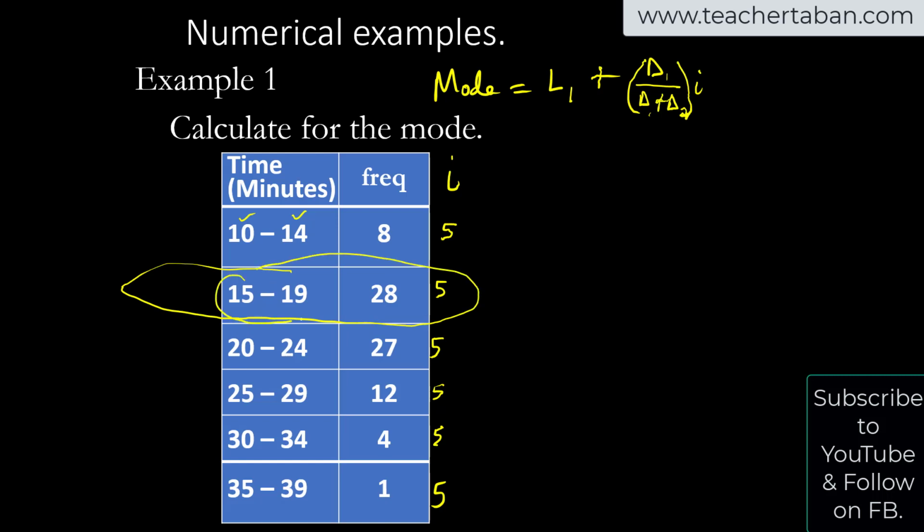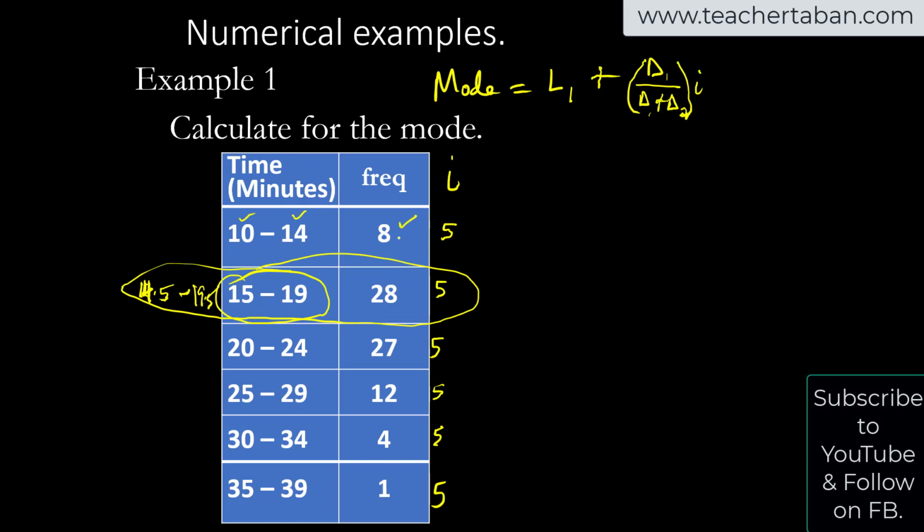This one is the modal class here. So its lower class boundary will be equal to 14.5. Remember how we get to that? 14.5. The upper class boundary will be equal to 19.5. The frequency before that of the modal class is this.